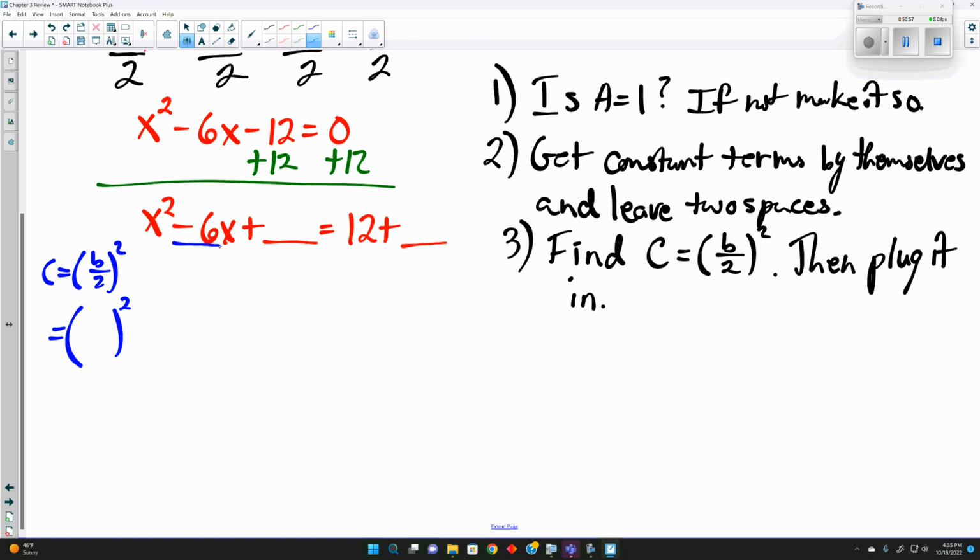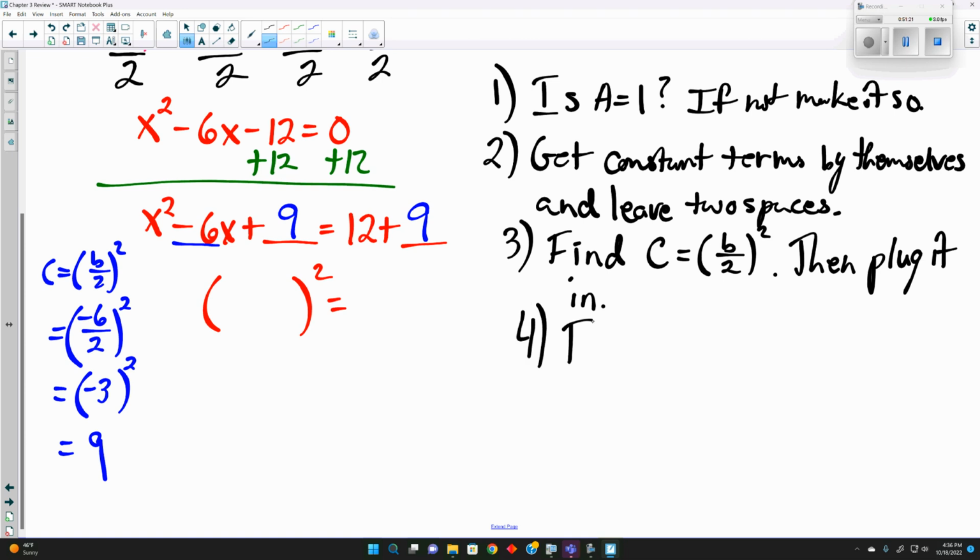In our case, the value of b is negative 6. So we have negative 6 over 2 squared. Well, negative 6 divided by 2 is negative 3. And negative 3 squared is positive 9. Now again, the value of c is always going to be positive. So that takes us through steps 1 through 3.